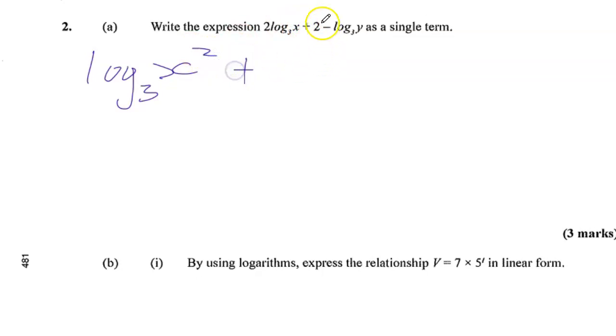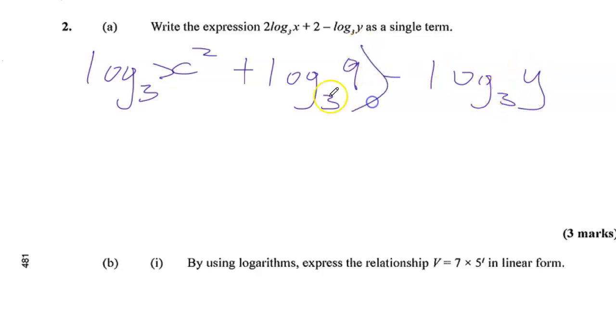We need to rewrite positive 2 as a base 3 log, and we know 3 to the power 2 gives 9. Alright, so we rewrite 2 as log 9 base 3, and now we have minus log y base 3.